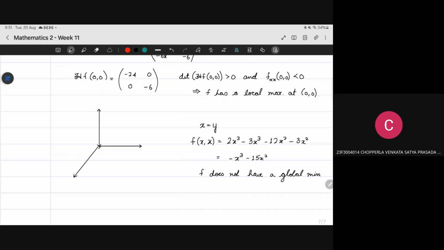But I don't know if this x equal to y line just happened to work for me in this case. There might be better, or I don't know if there is an algorithm to go about doing this. But this definitely works. Picking out curves and saying that along those curves you can always pick points which you want to be as small as you want is a complete argument to say that it does not have a global minimum.